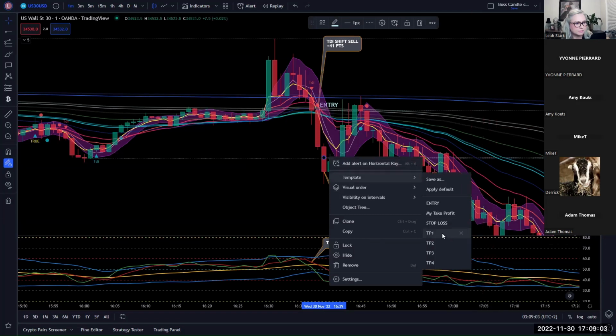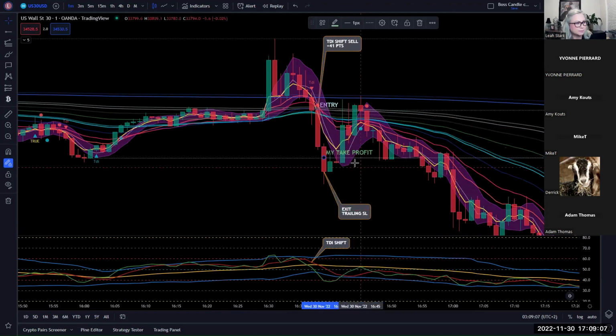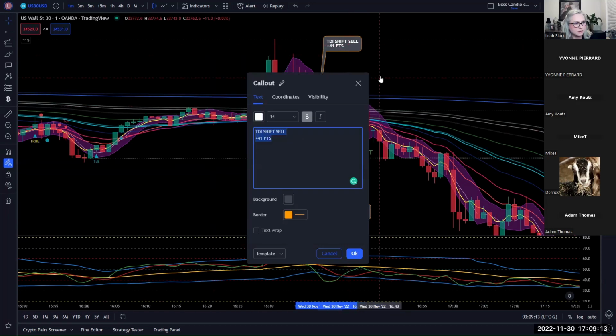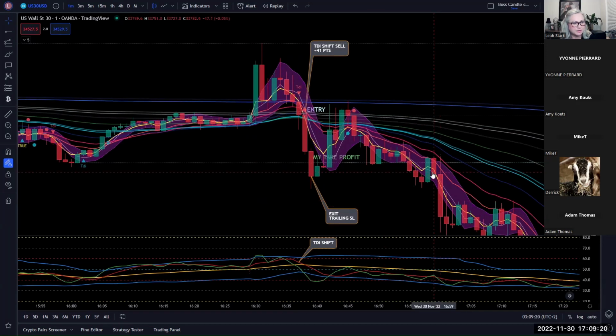So I'll just call it take profit. And you can also mark up the dollars, and you can put this on here if you want to, but then it's a really good thing to, once you've taken your trade, then go and put it into your, why is my thing not working?